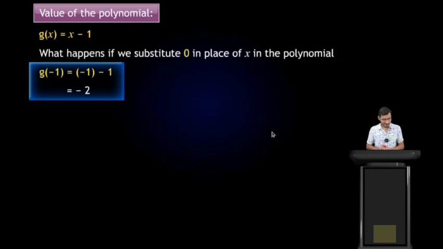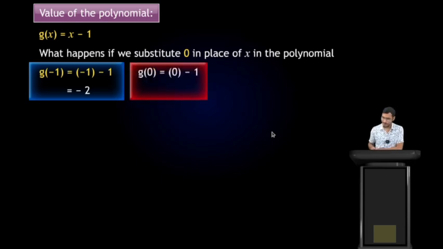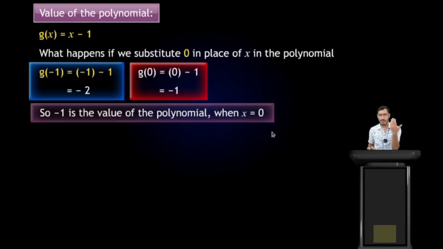What happens if we substitute 0 in the place of x in the polynomial? Can you find the value? Substitute the value of 0 here and tell me the answer. When we substitute 0, we get 0 minus 1, so minus 1 is the value of the polynomial when x equal to 0.